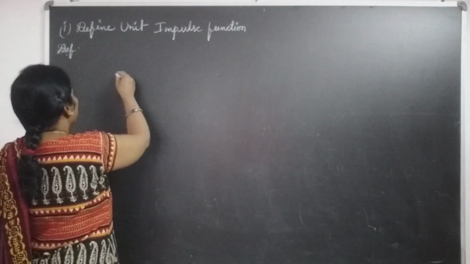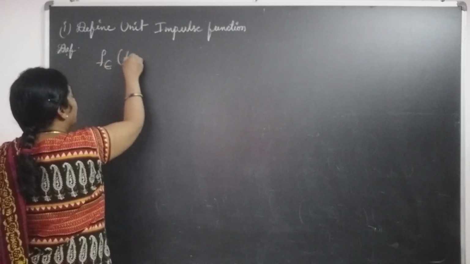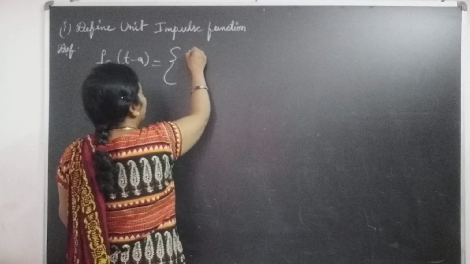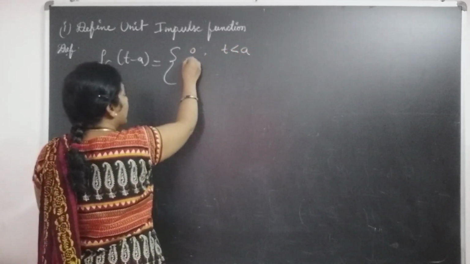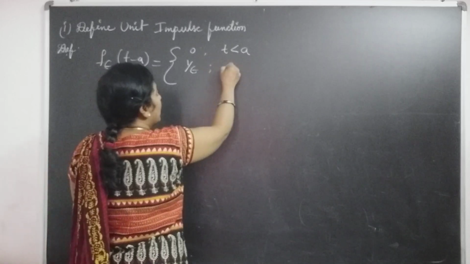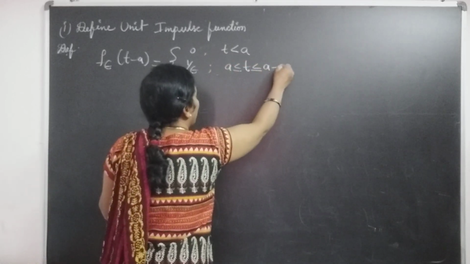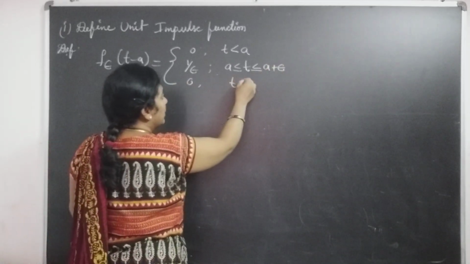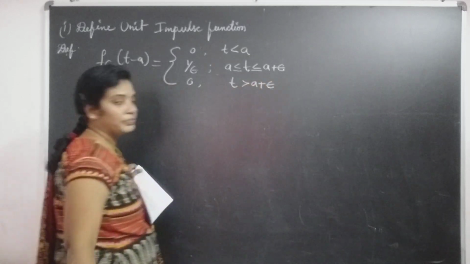The unit impulse function can be defined as f epsilon of t minus a, equal to 0 for t less than a, 1 by epsilon for a less than or equal to t less than or equal to a plus epsilon, and 0 for t greater than a plus epsilon.